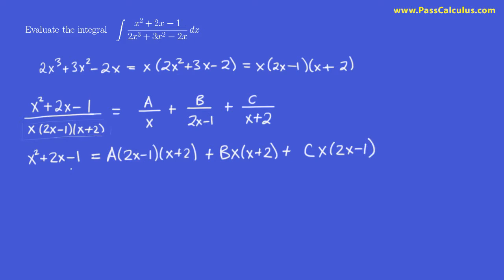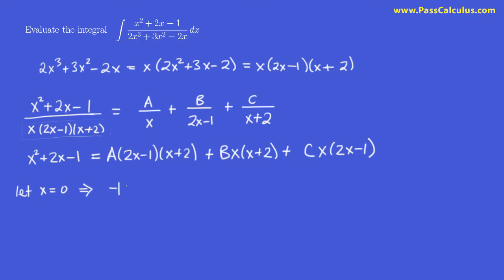Good. So let's take this equation here and plug in some well-chosen numbers to find out what A, B, and C are. So for my first factor, x here, what makes that 0? Well, of course, 0, right? So why don't we let x be 0 in this equation above and see what we get? 0 squared is 0, plus 2 times 0 is 0, and 0 minus 1 is minus 1.